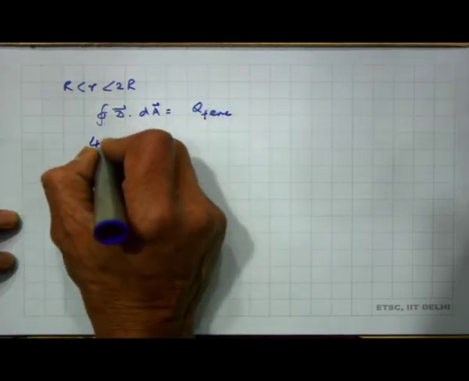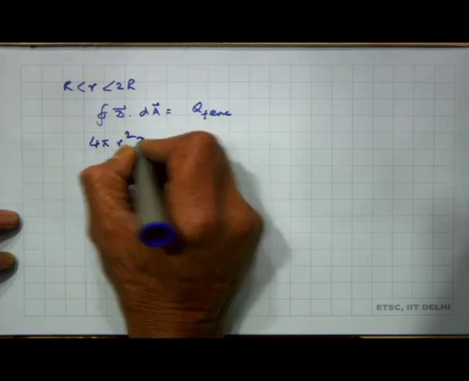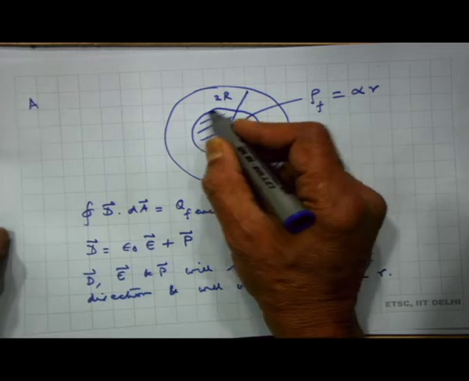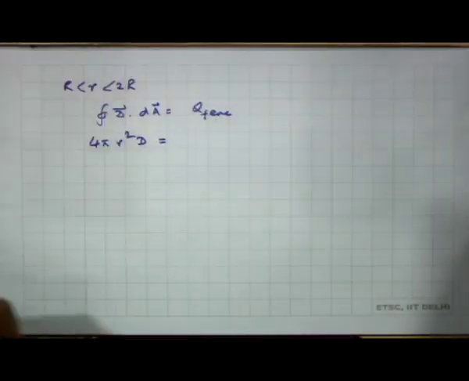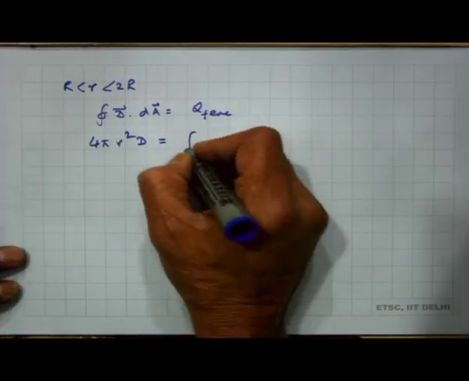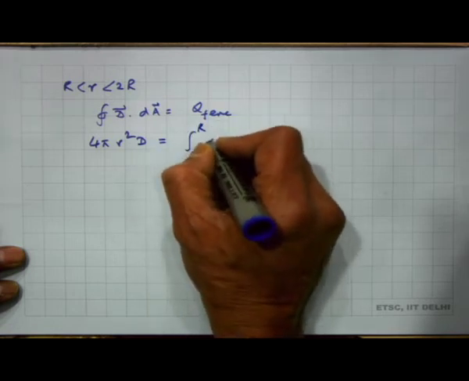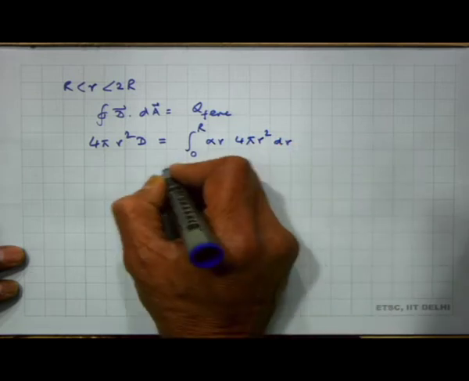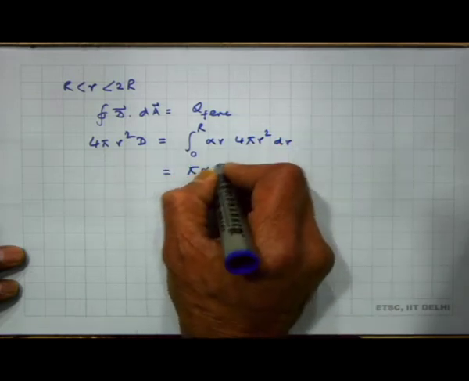So, I get 4 pi r squared into D is equal to, now please remember the free charge is enclosed only within this inner sphere. So, I will get integral 0 to capital R of alpha r 4 pi r squared dr, which is nothing but pi alpha R to the power 4.